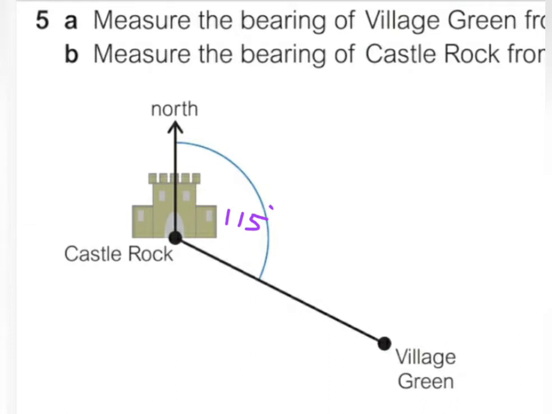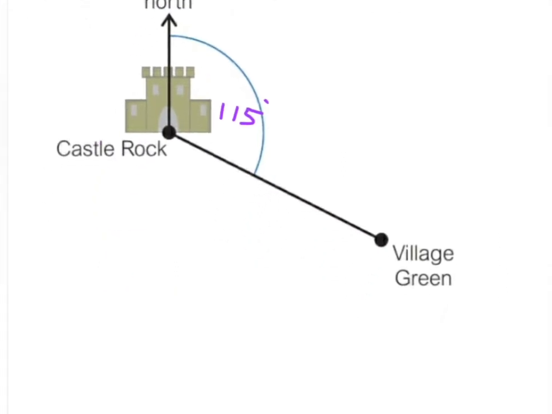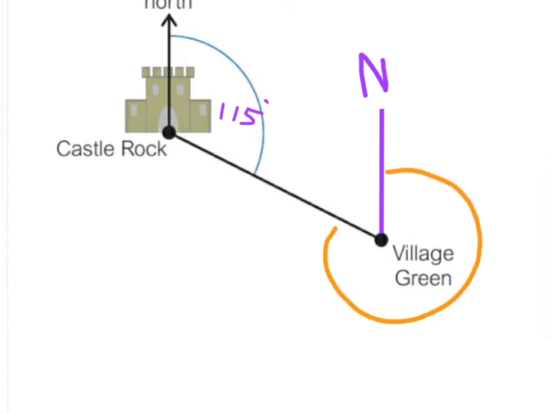I can do the same thing: put the north line here and write N, and I can go clockwise like this and say this is the bearing, then find the measurement of the inside angle and subtract it from 360. Or I can use the corresponding angles rule.